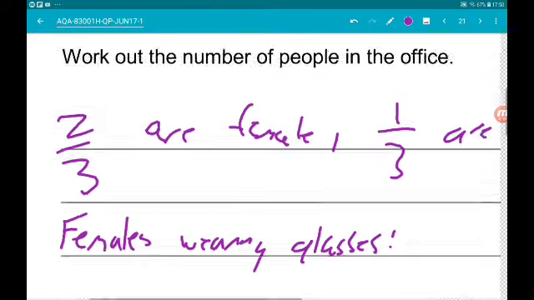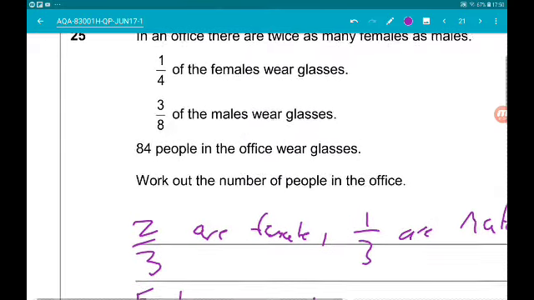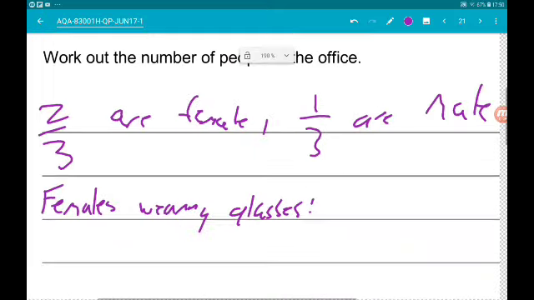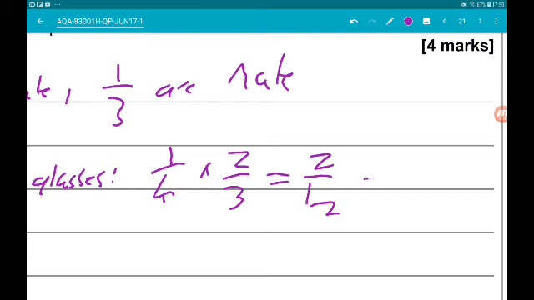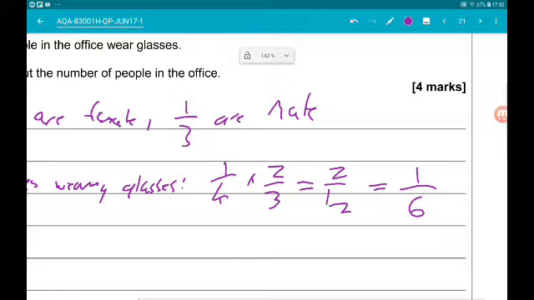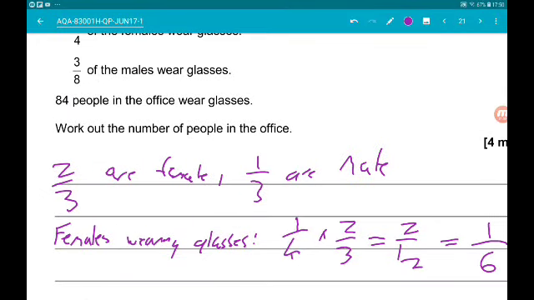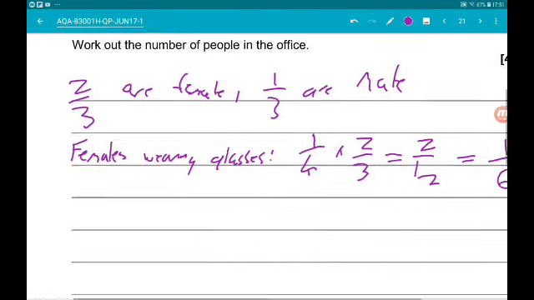We do 1/4 of 2/3, so 1/4 times 2/3. Now that's going to give us 2 over 12, which is not 2 over 16. 2 over 12, which is 1 over 6.